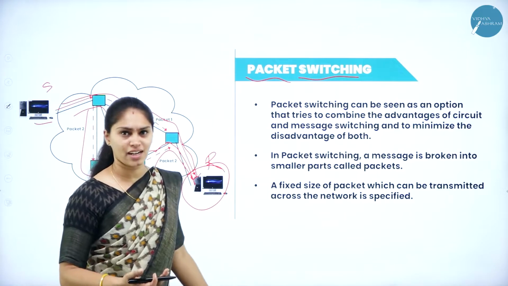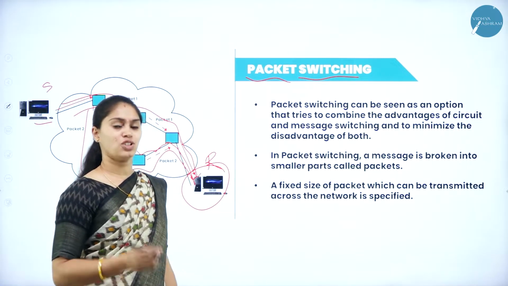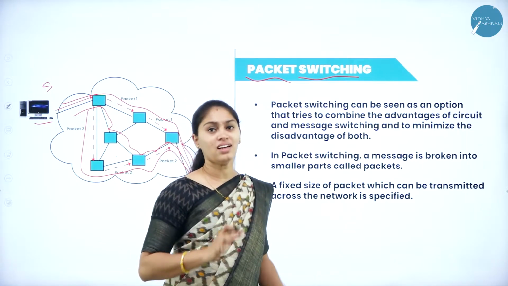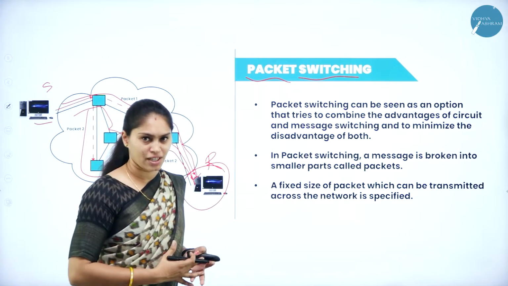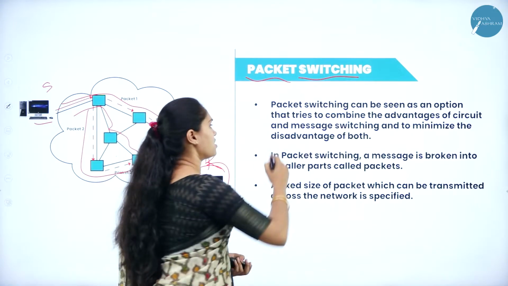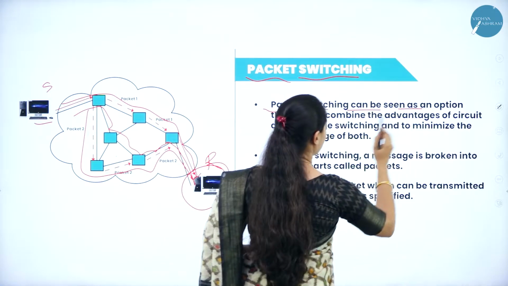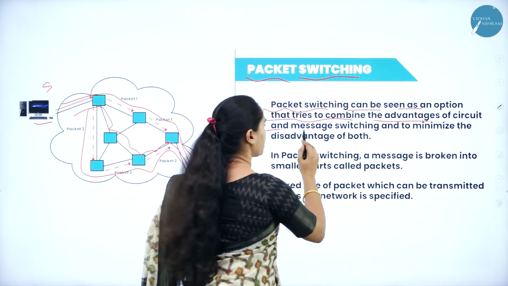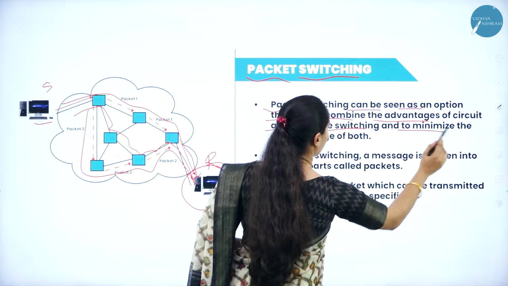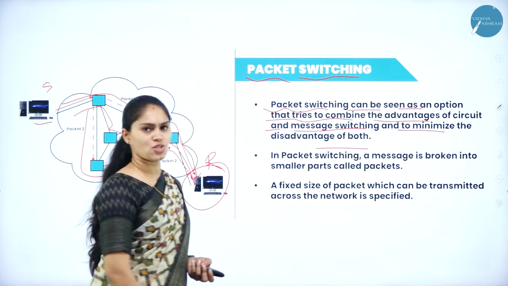When there is no dedicated channel, it is not so expensive, but you must be ready to bear the disturbances it will create while transmitting data over the internet. So packet switching can be seen as an option that tries to combine the advantages of circuit and message switching, and to minimize the disadvantages of both.